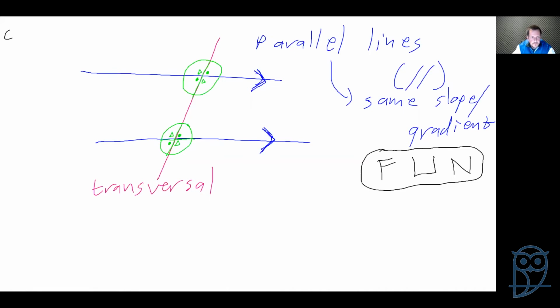All right. So we want, I'm going to do this one in orange. So this is co-interior angles. Co-interior angles are when they are squeezed to the interior of your parallel lines, but on the same side of your transversal.